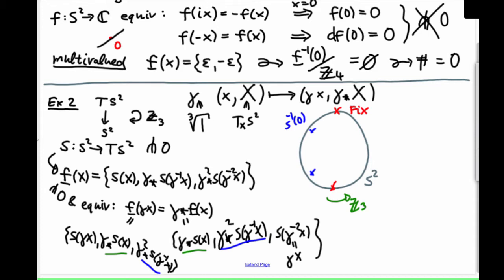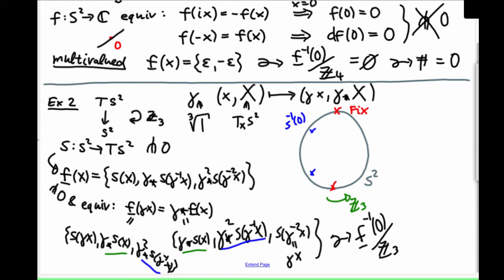But now let's see what we are getting in terms of the zero set. And now I would actually really like to quotient out. So, a priori, s has 2 zeros.